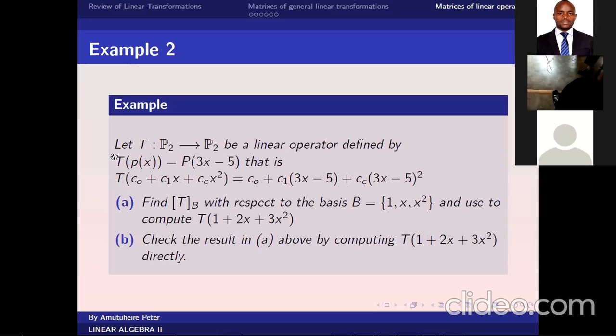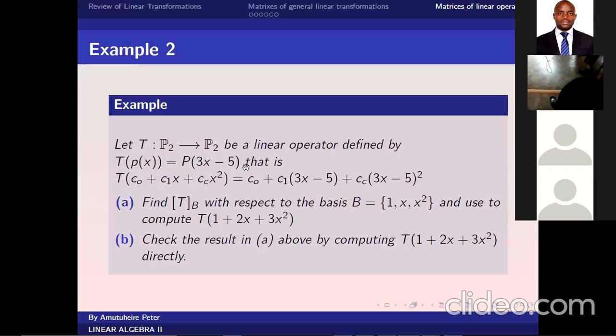And so it is defined by T. When you give this transformation T a polynomial P(x), it returns P of 3x minus 5. It returns a polynomial.